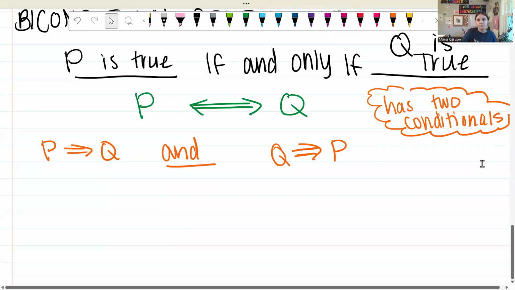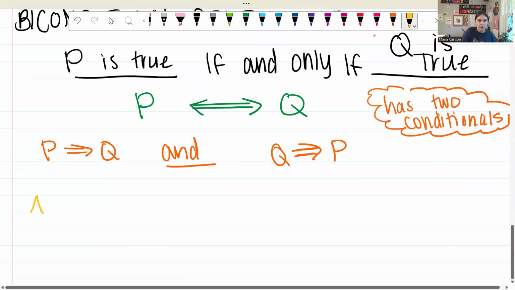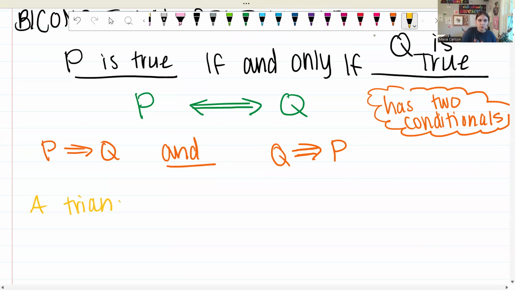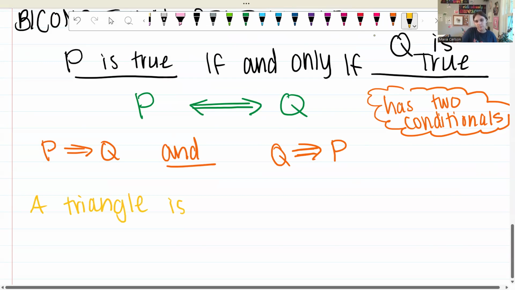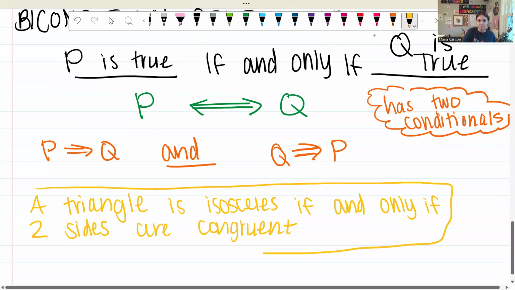So for example, a triangle is isosceles if and only if two sides are congruent. So this is an example of a biconditional.